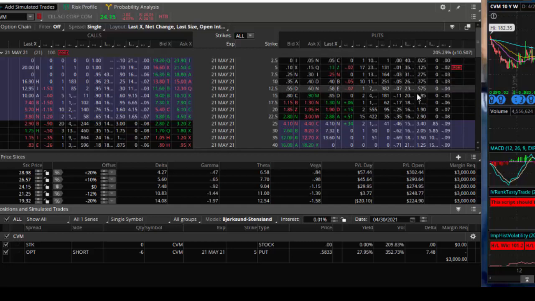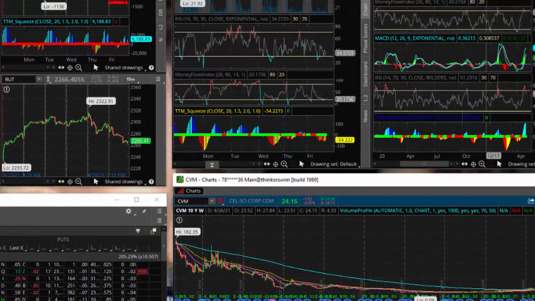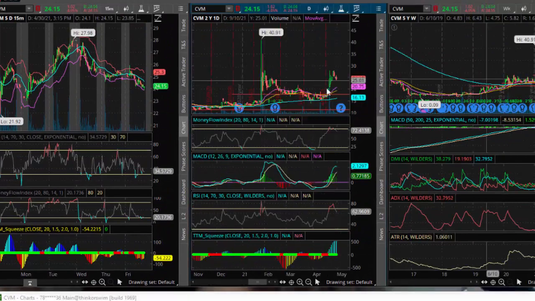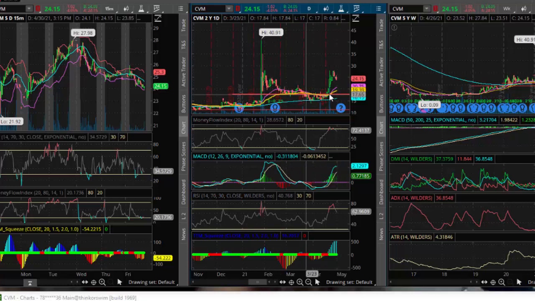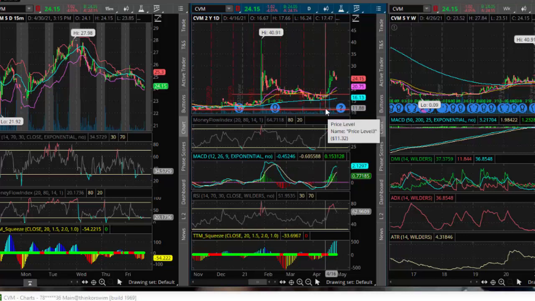Now let's come back to the chart and quickly see exactly at which point I would get out if I do get assigned, or if it's getting close to assignment. Looking at the daily chart here, we can see right now it's at $20-something. I have a short support and resistance line drawn here, and then I have a longer line here. Obviously, in this instance, I'm using the longer line as the support and resistance line.